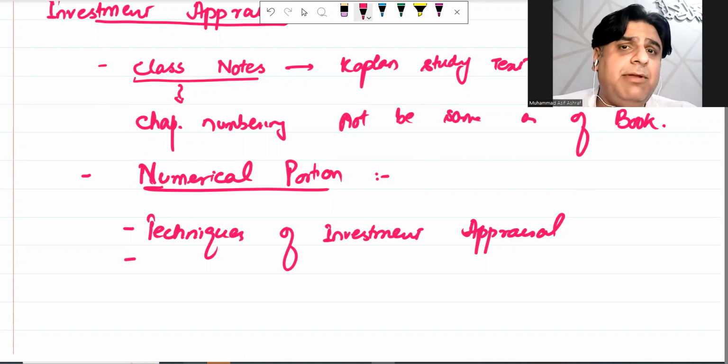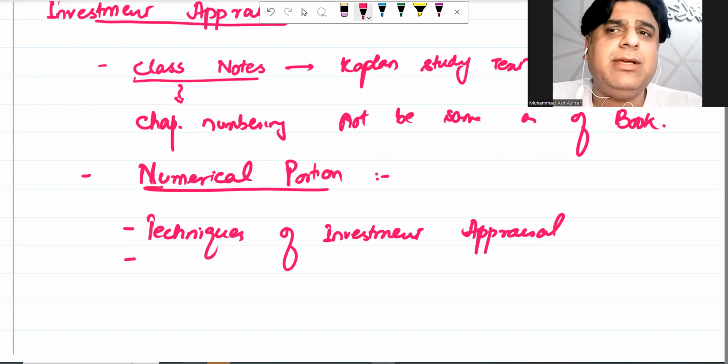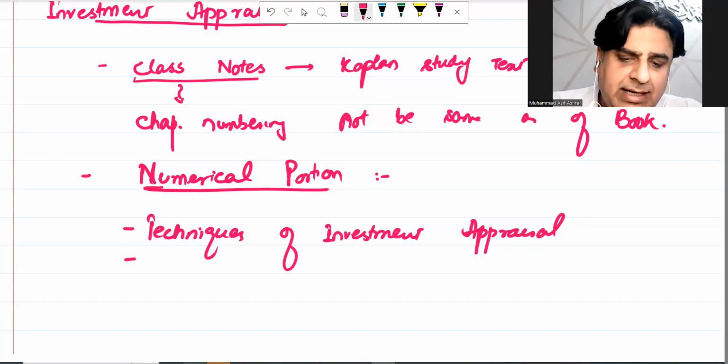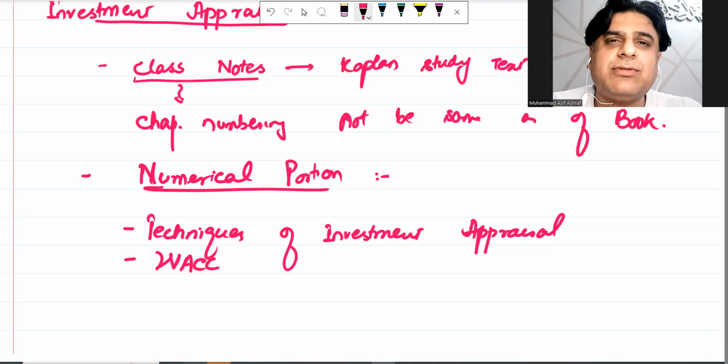I'll be following my own order, because I'll be moving from easier areas to difficult ones. The study text is from its own point of view. Then I'll be moving towards a very important topic, WACC, weighted average cost of capital.